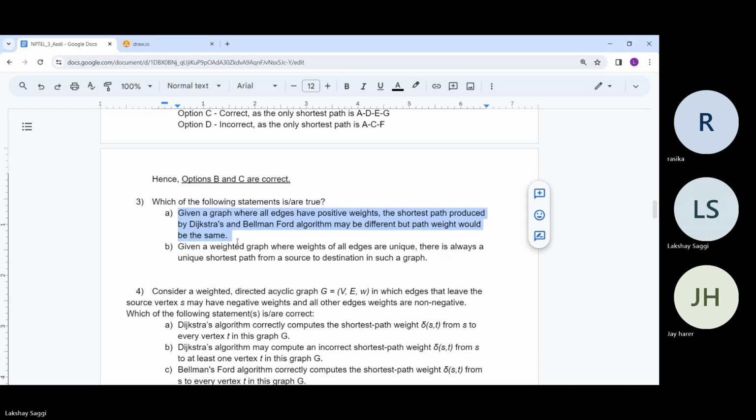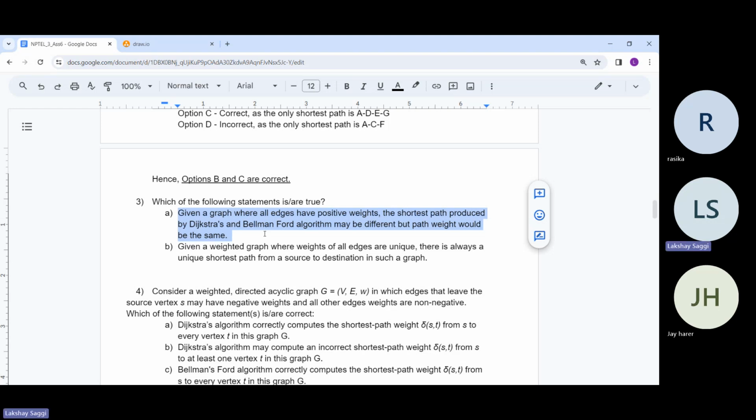So would anyone like to answer in chat? Is this statement correct or incorrect? The statement says that suppose all edges have positive weights, and to find the shortest path, we once use Dijkstra's and we once use Bellman-Ford.